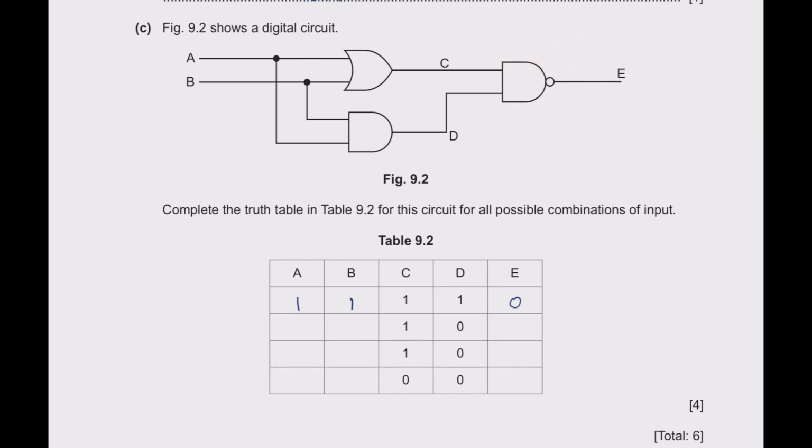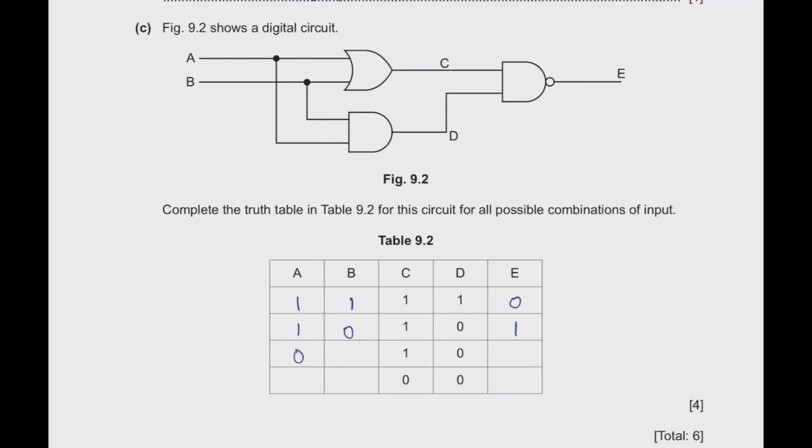If it is AND gate, 1 1 will give me 1, but if it is with a NOT, an AND gate becomes inverting, it is 0. Similarly here also 1 0, I will get 1. So if 1 is here, 0 is here, I will get 0 if it is AND gate, and with NOT I will get 1.